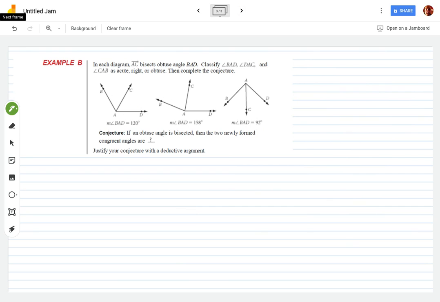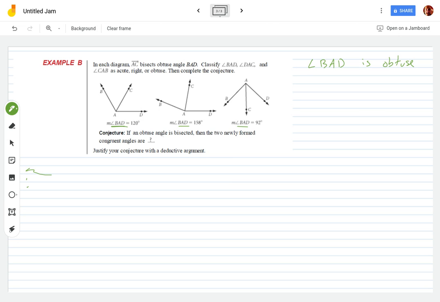Then complete the conjecture. So I notice that BAD is 120, BAD is 158, and BAD is 92. Angle BAD is obtuse. Okay, if I cut it in half, because that's what an angle bisector does, it cuts the angle measure in half.